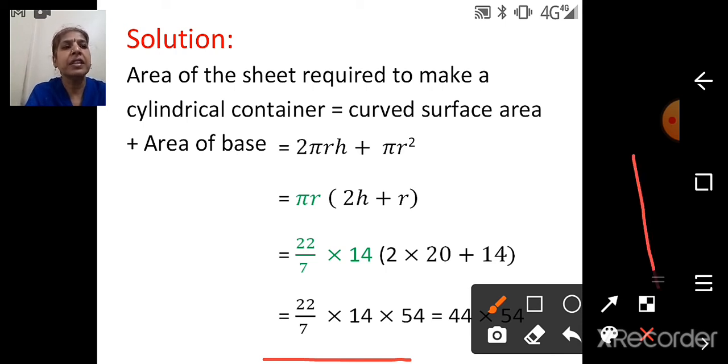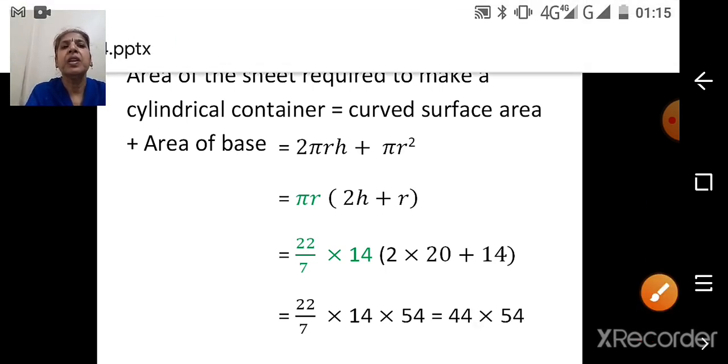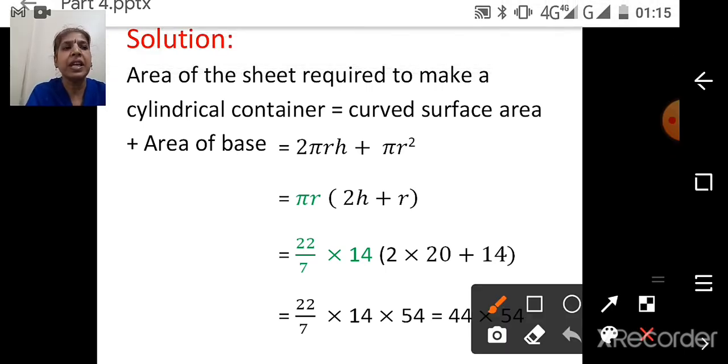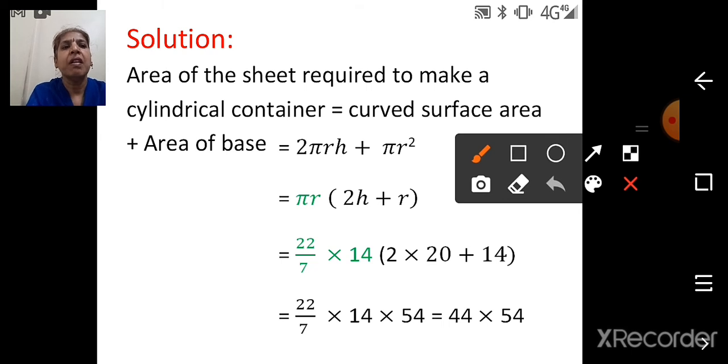Now children, you know that 22 upon 7, right? So one of the values, 7 ones are 7, 7 twos are 14. Now what is remaining is 22 into 2, that is 44. Multiply with 54.